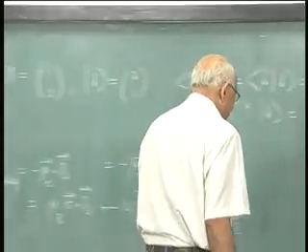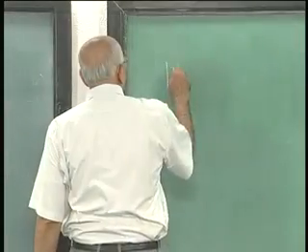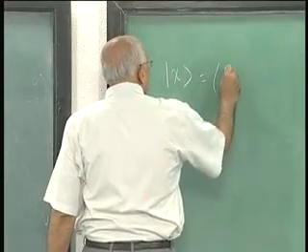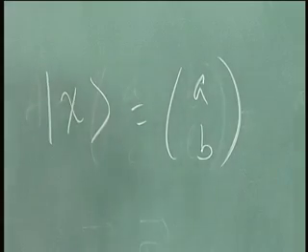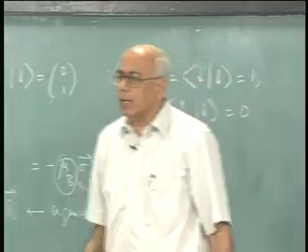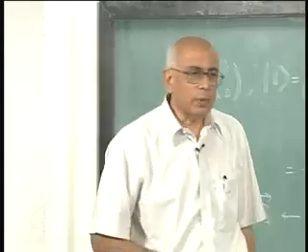So now I ask, suppose I start in an arbitrary spin state of the electron, and here is my arbitrary state, chi equal to (A, B). That is an arbitrary state of the electron. I would like to start with a normalized state always.